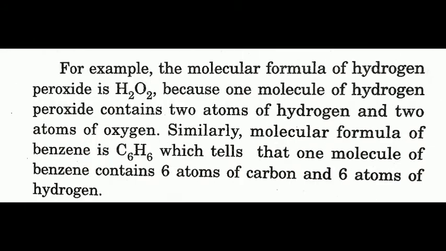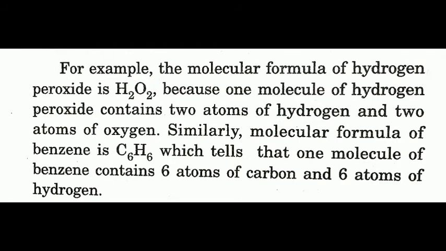For example, the molecular formula of hydrogen peroxide is H2O2. This is the molecule of hydrogen peroxide. So in H2O2, this is the actual number of atoms of hydrogen and oxygen present, so it will become its molecular formula. But when we divide it by 2, because both H and O are in the proportion 2, then it will become HO, and that will be the empirical formula.